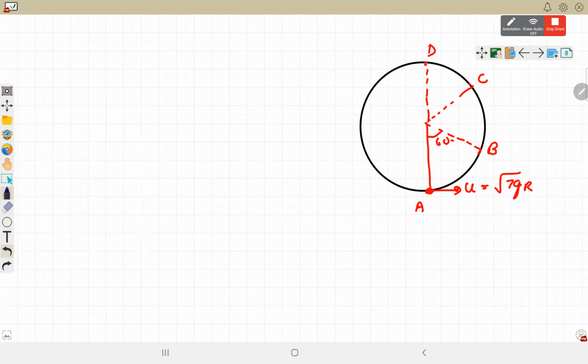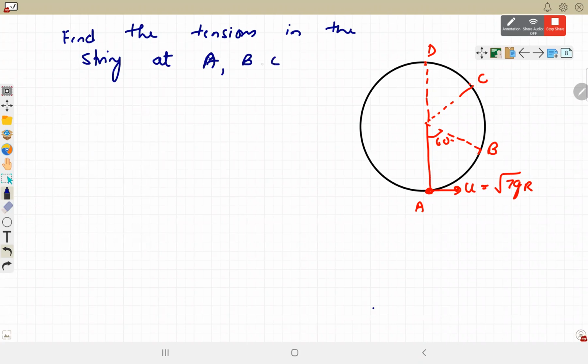Find the tensions in the string at points A, B, C, and D.